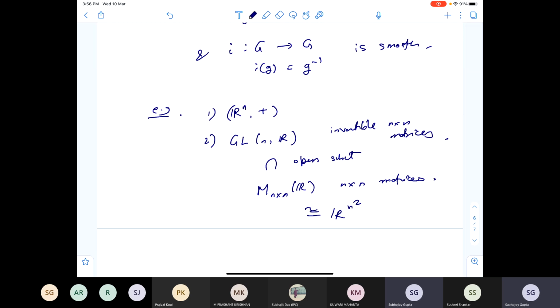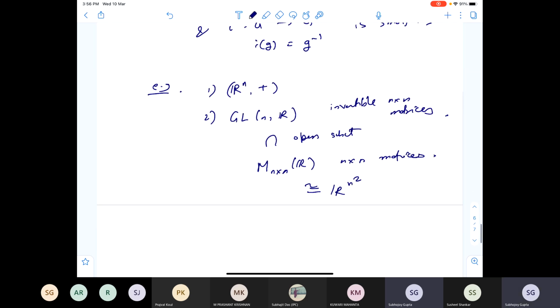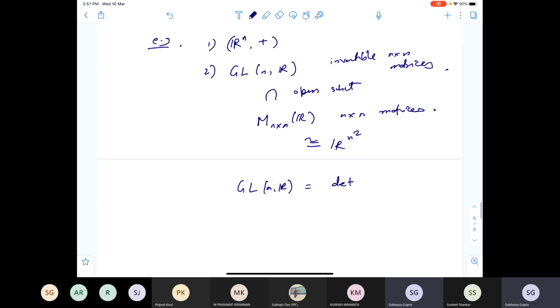So GL_n(R) is a subset of this, because being invertible just means that the determinant is non-zero. And it's an open subset. So GL_n(R) is the pre-image, well, it's a set of.